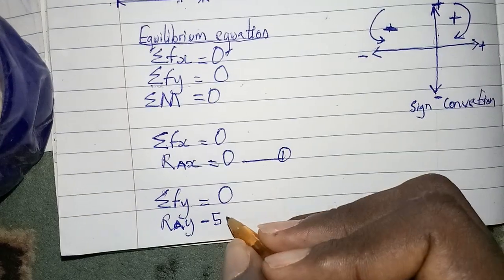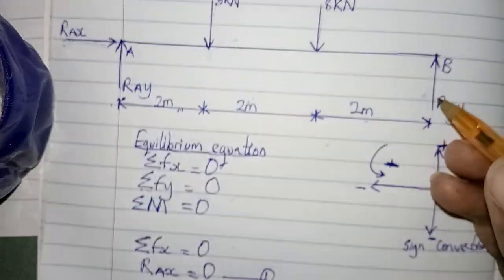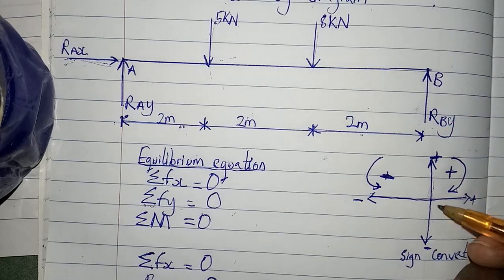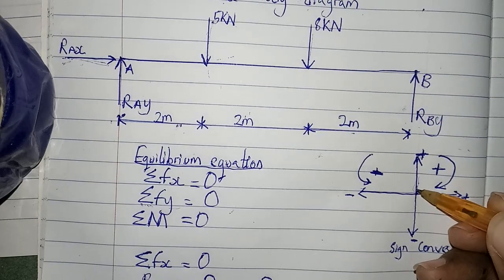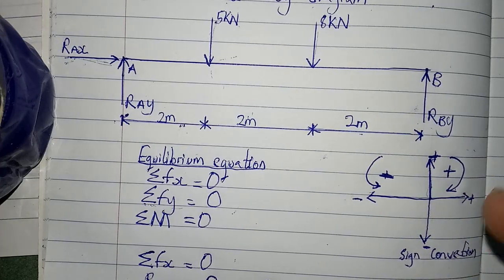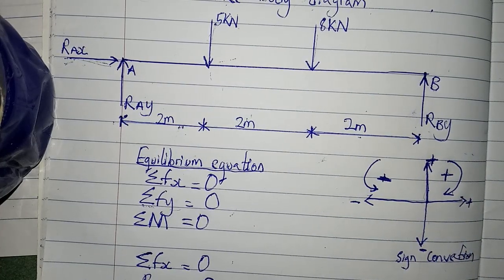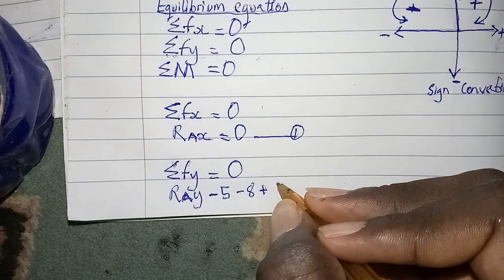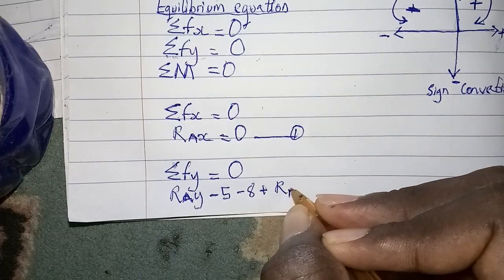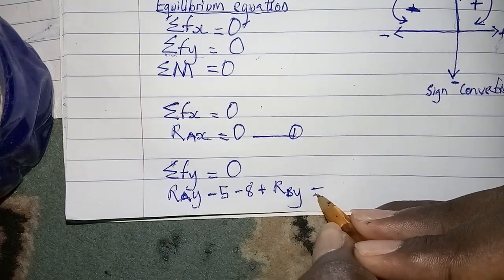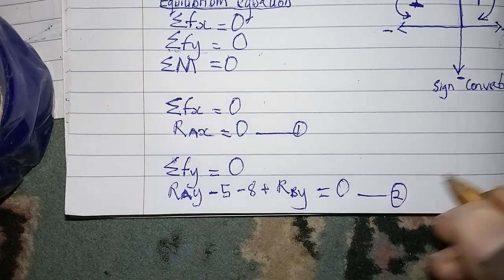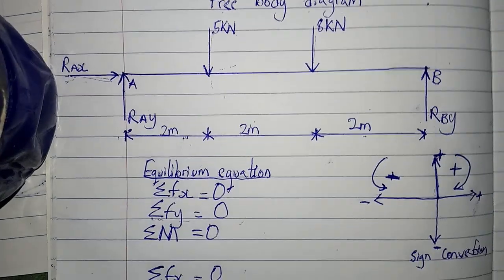And this reaction force is going upwards, so it's positive, because any reaction force going upwards is positive. So we're going to get positive R B Y, which should be equal to 0. So that is equation 2. Let's go to the next one.